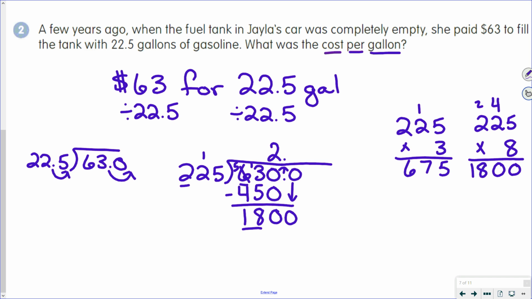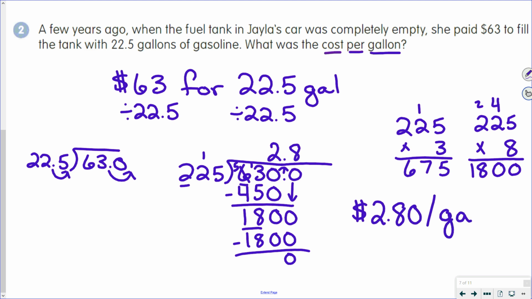And it does happen to work nicely. However, when we write our answer, remember we are dealing with money. Money goes out to the hundredths. So you would want to put $2.80 per gallon.